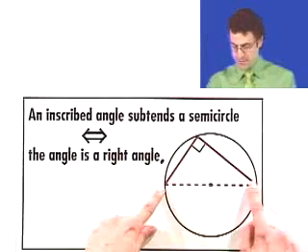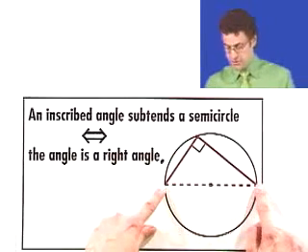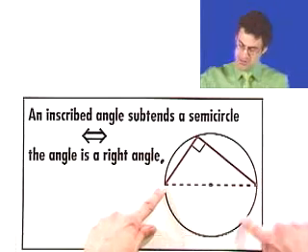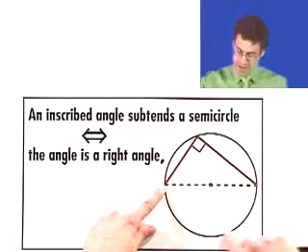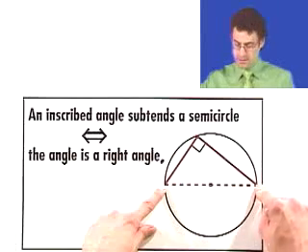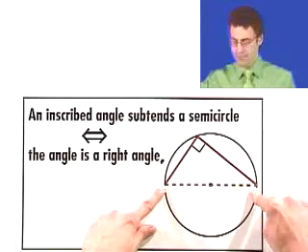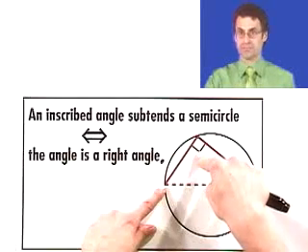And since you are on two sides of a diameter, that means that you subtend a semicircle, the arc that you've swept out is half of the circle. Since that is 180 degrees, half of that is going to be 90 degrees.